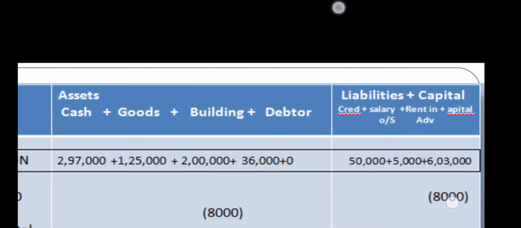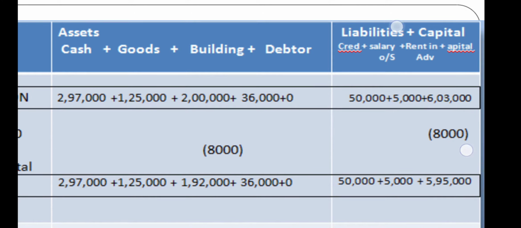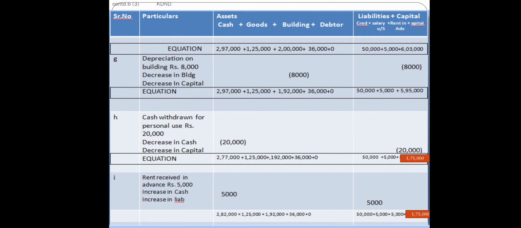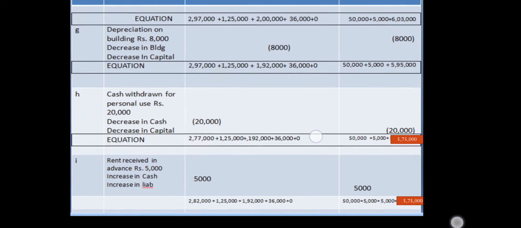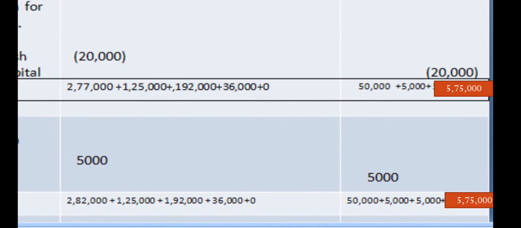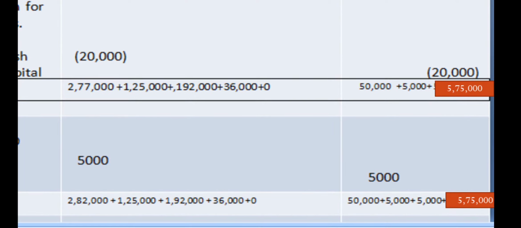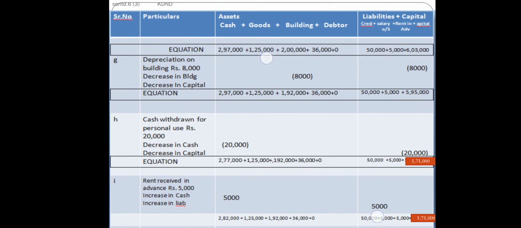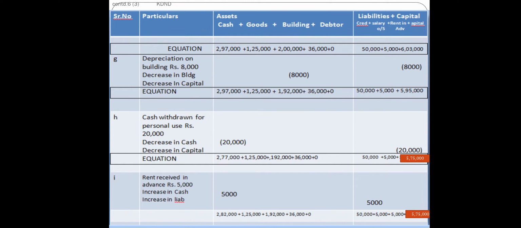So here I have put creditors, salary outstanding which was carried forward from the previous one, and the capital was also from the previous one, but I introduce here rent in advance. So the new column will be set up and that will reflect as 5,000, and in the total it will be shown as 50,000 plus 5,000 plus 5,000 plus 5,75,000, as it is carried forward, and then both sides will tally. So this is the scenario of this particular sum.